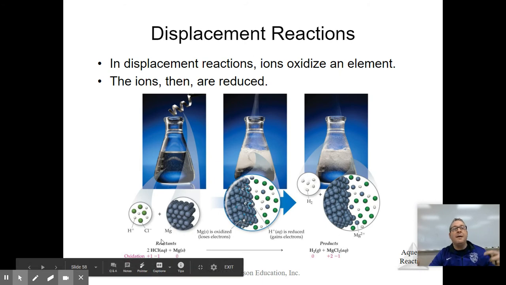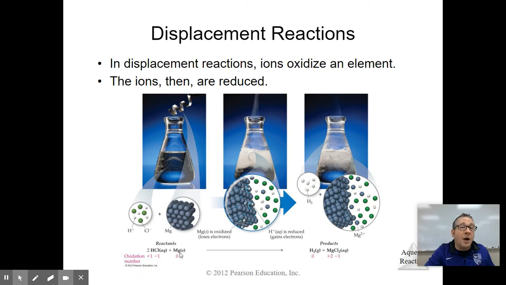When we have a displacement reaction, what happens is, when we dissociate the ionic substances or the electrolytes, one of the ions is going to oxidize this element. So in this case, magnesium.